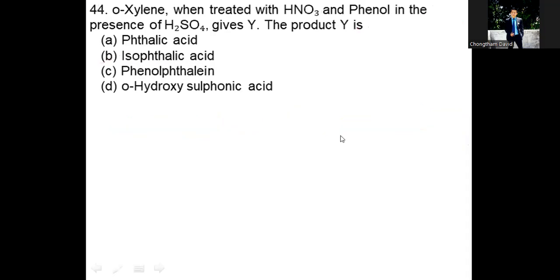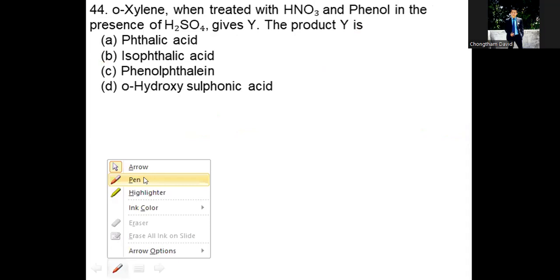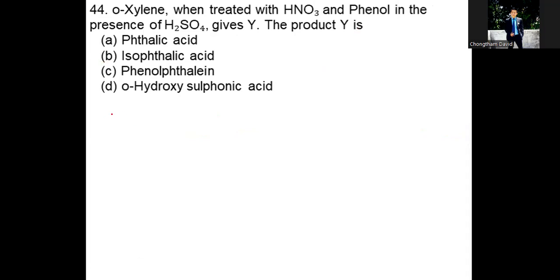Same. 44. Orthoxylene when treated with, so you must know what is xylene. Initially you have toluene, methyl benzene. If this is in carbon number 2, you have ortho, 3 meta, 4 it will be para. Anyway, if both of these are in adjacent positions, you have ortho xylene.